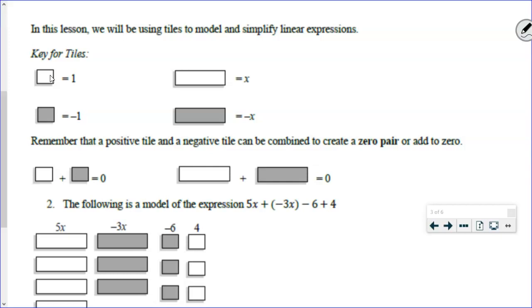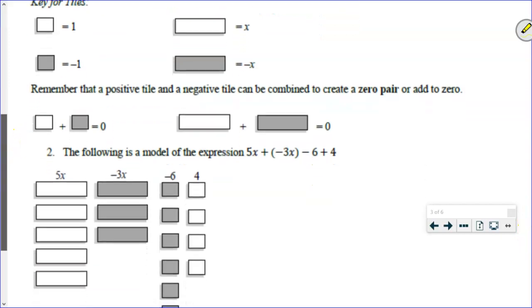Just know when you see these symbols what they actually mean. Negatives are shaded in. So this is our negative unit tile. This is our negative X tile. Again, shaded in. Also remember that a positive tile and a negative tile can be combined to create a zero pair, which means when added together, they sum to 0.